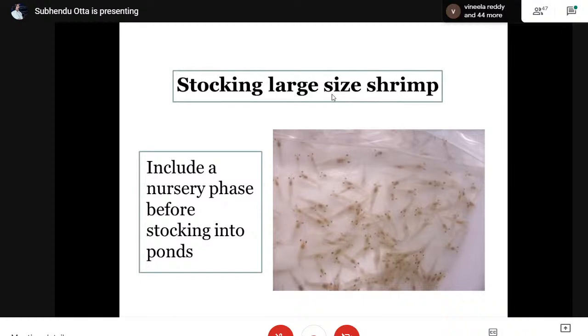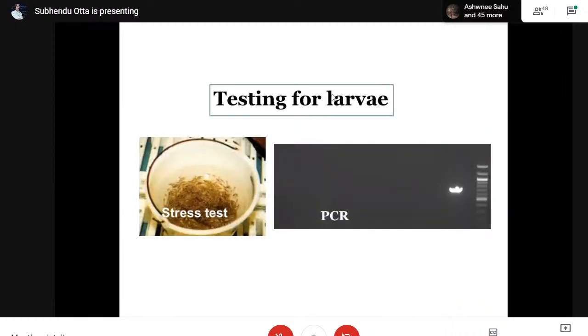Definitely they will be under severe stress when directly released into the pond, so it is easy for this kind of larvae to get disease. Instead, if you include a nursery phase in between your hatchery and culture, to make them a little bigger, they will be more resistant to pathogens and capable of fighting them, so survivability will be higher and getting disease will be less.